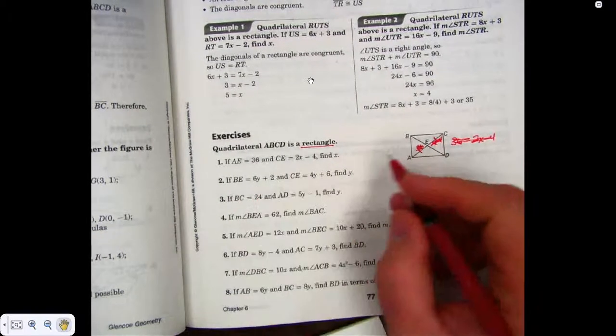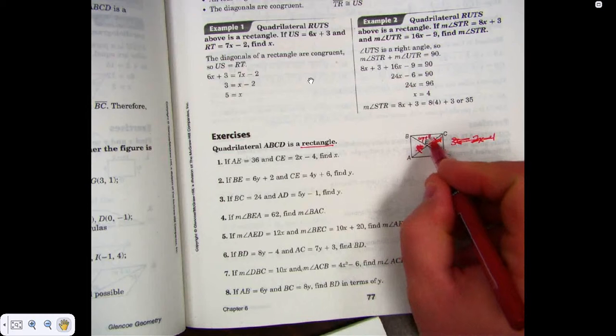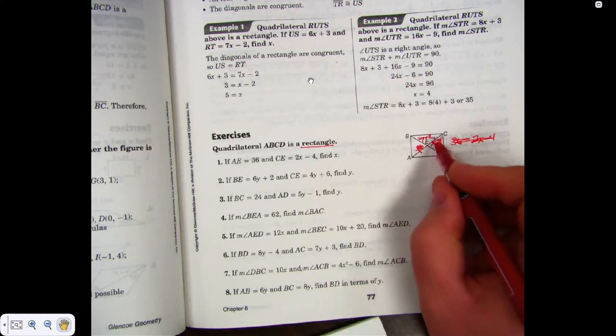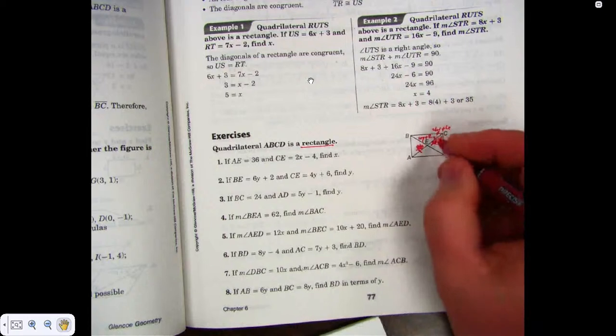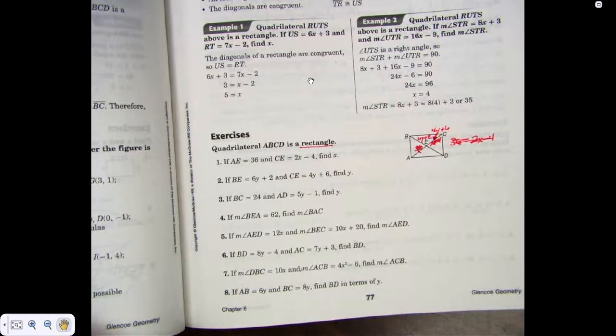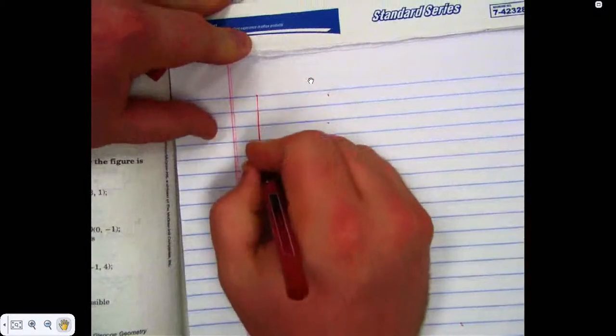they say BE is 6y plus 2. CE is 4y plus 6. Now, that's that one right there. So, how about I redraw this a little bit bigger? It's a little hard to see.